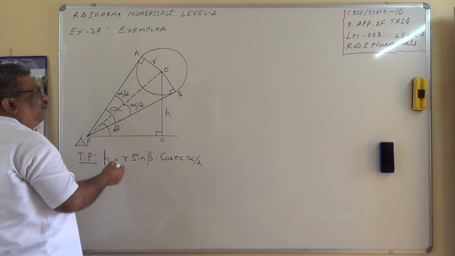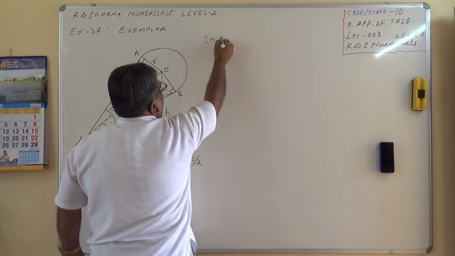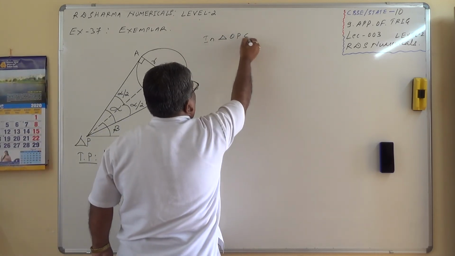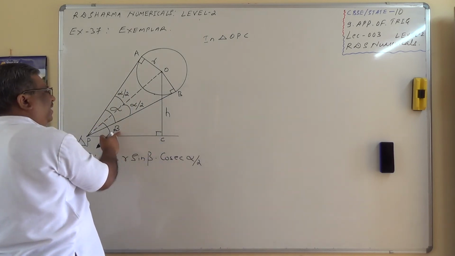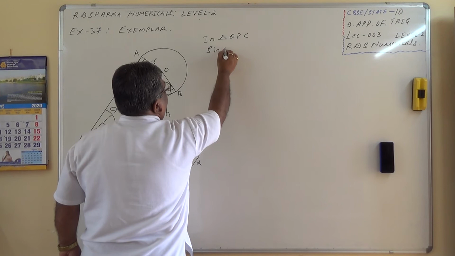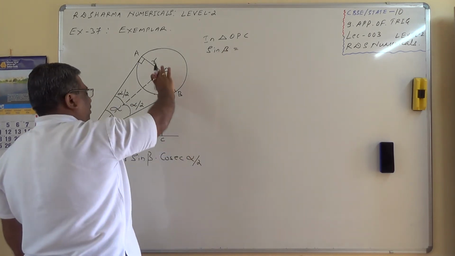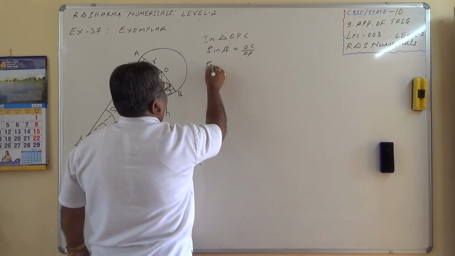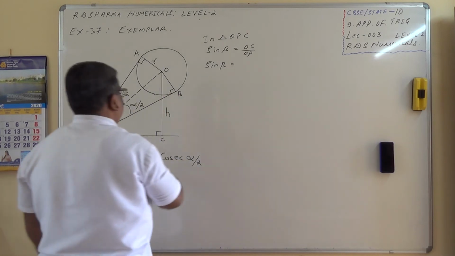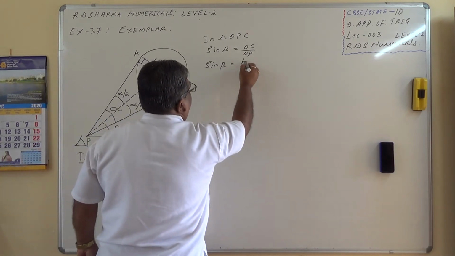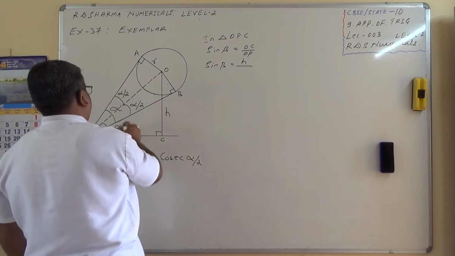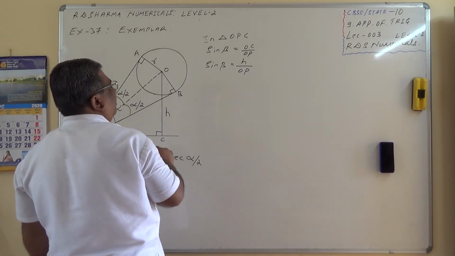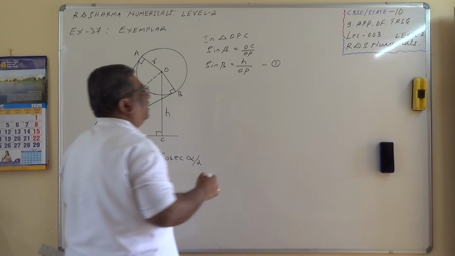So in triangle OPC, the bigger triangle OPC, sine of beta equals OC by OP. Therefore, sine beta equals, what is OC? H, the height of the center, H divided by OP. You got it? H divided by OP. Mark it 1.